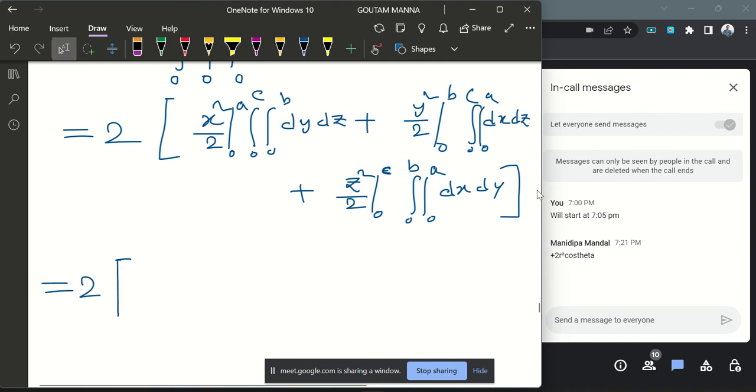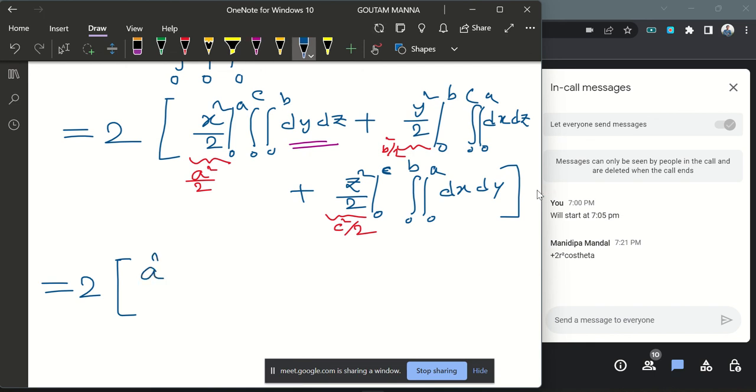So 2 times, this term is basically a square by 2, this term is b square by 2, and this term is c square by 2 if you put the limits. And if we do the y and z integration, we get b times c.